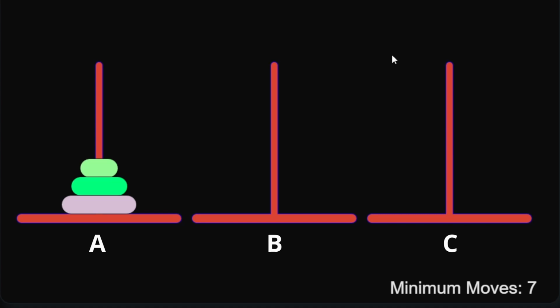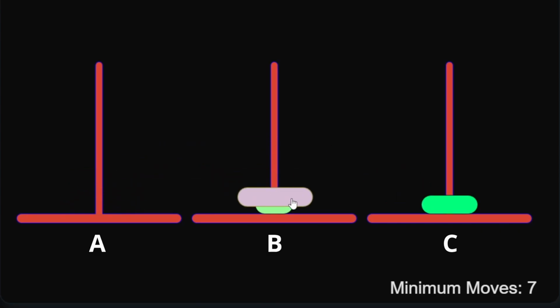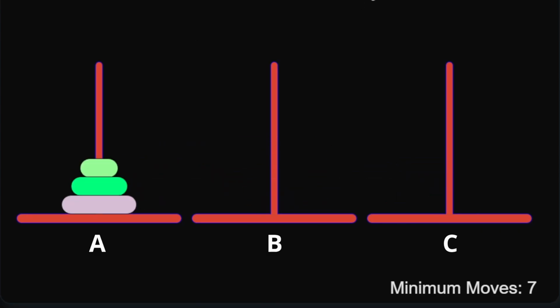And rule number three is you can't place a bigger disc on top of a smaller disc. It means you can't do like this. So this is a smaller disc, and this is a big one. So you can't do like this. Do like this, right.